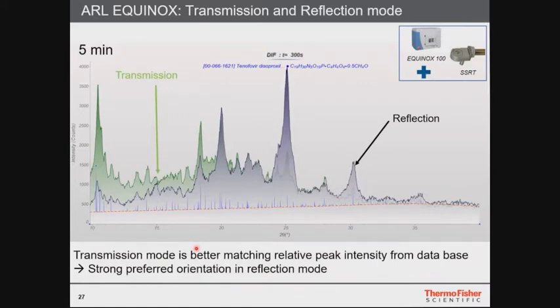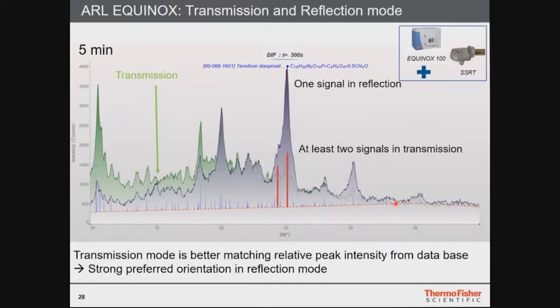Due to sample preparation, the crystallites orient in a specific direction, and so the intensities we get from the signal are somehow affected by this. These blue tick marks are the entries from the database, so you can see that in the reflection scan some signals are missing. For example, here in the reflection scan we only get one signal, while we get at least 2 in transmission. So we can increase the resolution doing so.